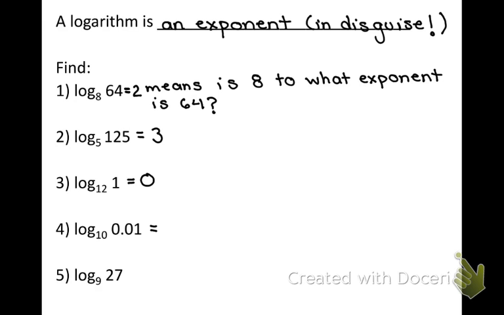That is -2. Log base 9 of 27, we're really thinking 9 to the what is 27. That's going to equal 3/2. So these exponential and logarithmic functions, although they're written differently, the same thought process is happening behind the scenes. So really logarithms are just exponentials in disguise.